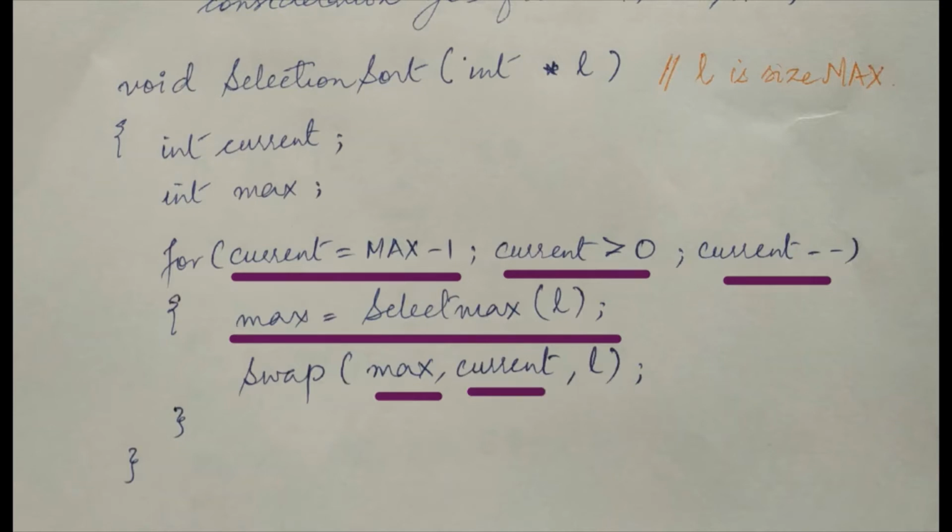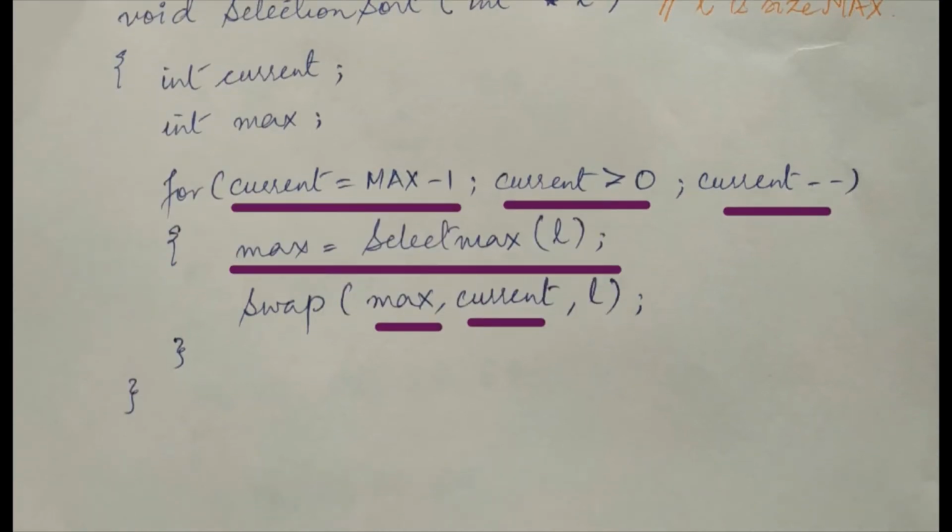Current was the last element, okay? Then you swap those and you continue. Now current will be max minus 2. Now you will select the max of L. When you say this L, the select max should also take the left and the right limits of the array, in the sense that now the max element is at location max minus 1.